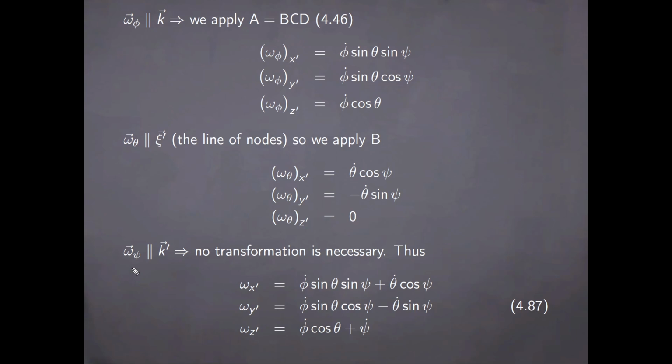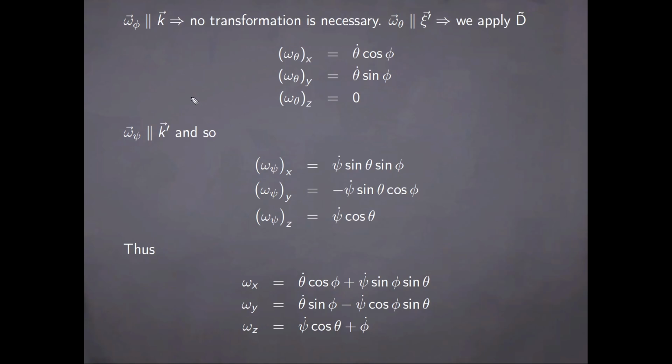And for rotation with the Euler angle psi about the z prime axis, no transformation is necessary, as this is already aligned with the body set of axes. As such, by adding all of these contributions up, the components in the body set of axes are the ones given here.